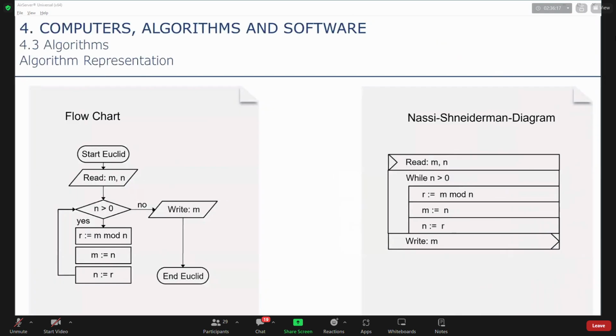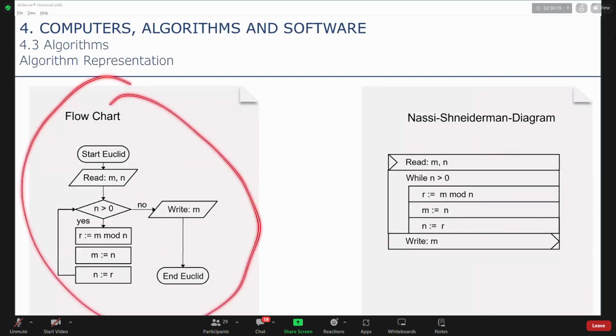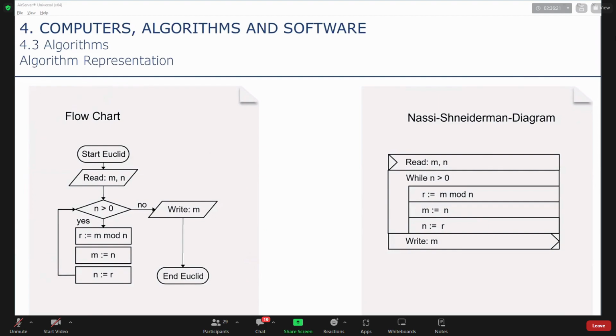Now you can create out of that a flow chart. So you are starting here, you have two values m and n. Is n larger than 0? If not, then you are writing m. If yes, then the remainder is m mod n.